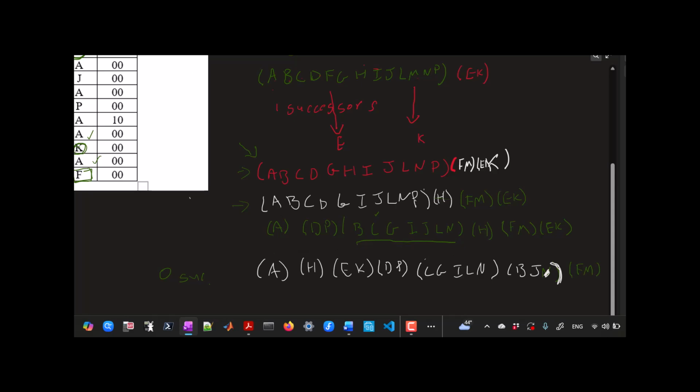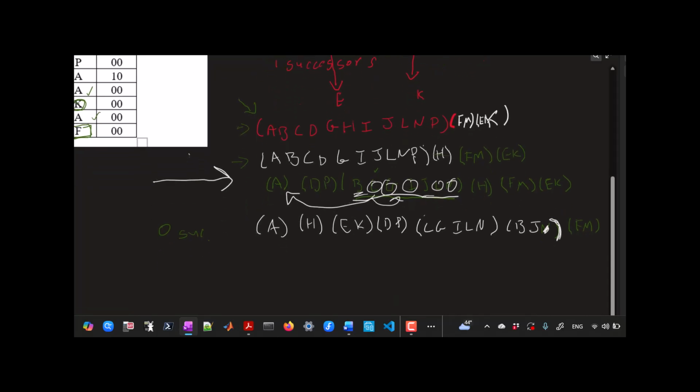So I'm working on this state and getting the zero successors. From this state, C, G, I, L, N all went to A, and B and J stayed where they are. And then I'll have to check them again in a minute. Okay, so those were the zero successors.